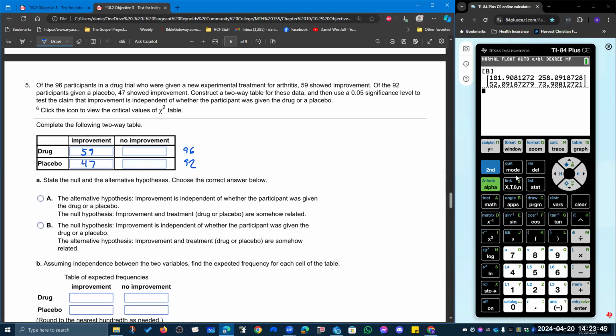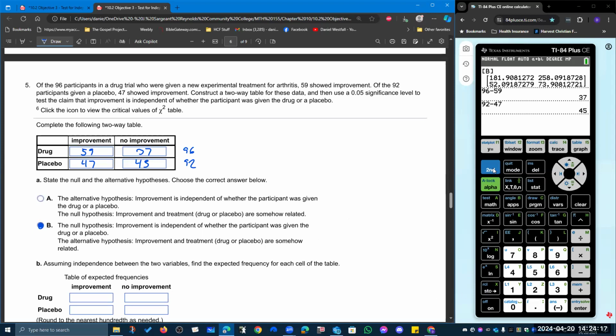So we need to figure out the no improvement here. 96 minus 59 is going to give us 37, and 92 minus 47 is going to give us 45. Our null hypothesis is going to be that the rows and columns are independent, and our alternative is that rows and columns are somehow related.